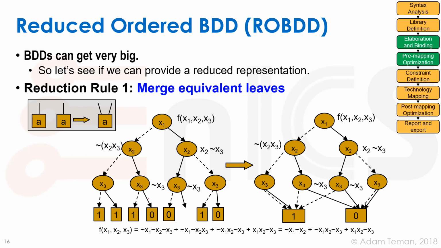So if we look over here, this x3 is pointing to 0, and this x3 is pointing to 0 with a dotted line, and this x3 is pointing to 0 with a solid line. We're going to take these and turn them into one square here, and then move these arcs to point at it. Similarly for the ones, we see this is pointing to it, and this, and this, and this.